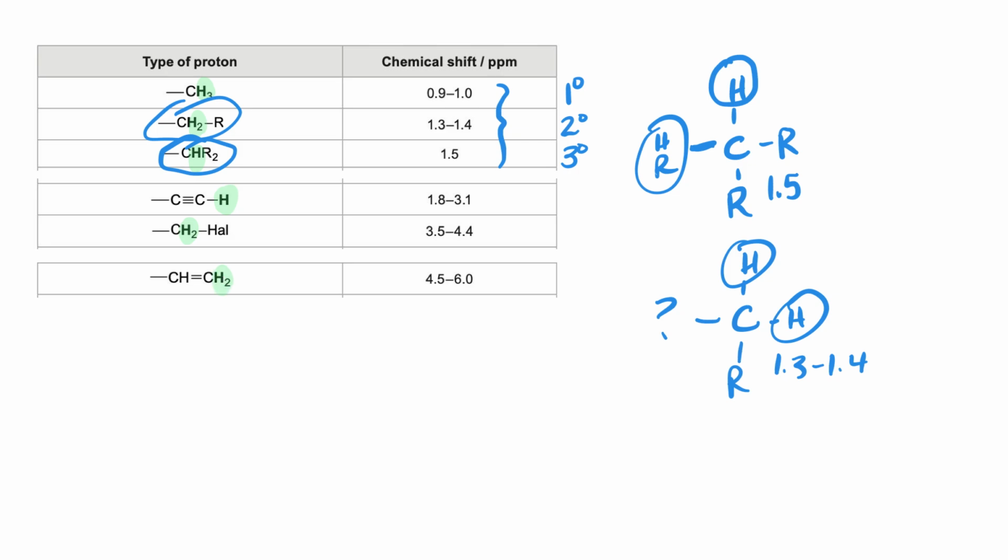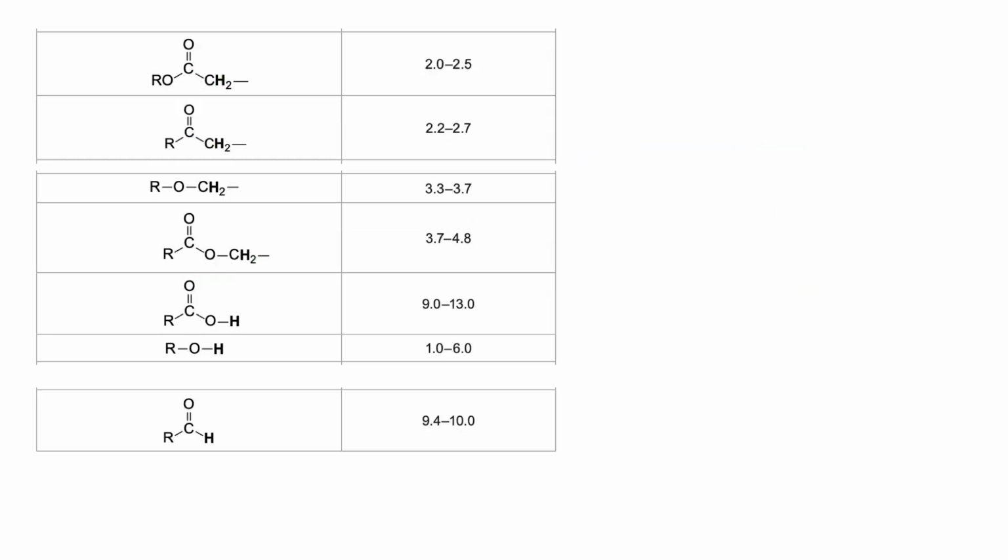I think those ones are pretty self-explanatory, but sometimes it can be really helpful drawing out the diagrams like I've done here for the primary, secondary, tertiary ones in order to help you understand and interpret that chemical shift data. I think the tricky part comes to really understanding all these groups that have oxygens in them, because it does differ a little bit depending on what's attached where.